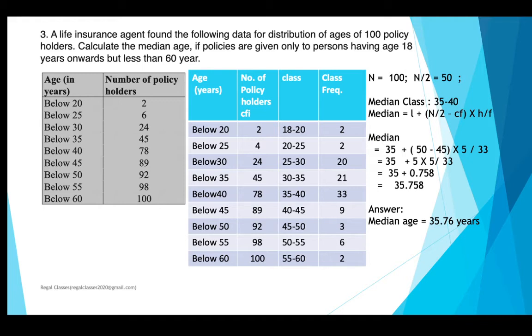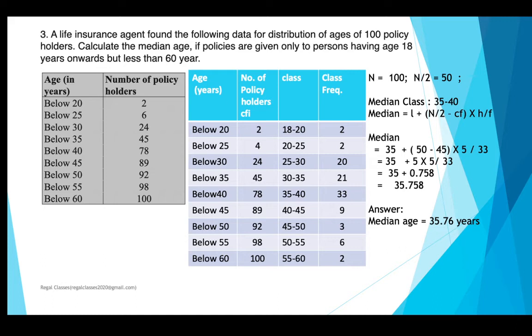Now we are at 50. We should look at the cumulative frequency table. 50 is less than 78, so we take that as our median class.